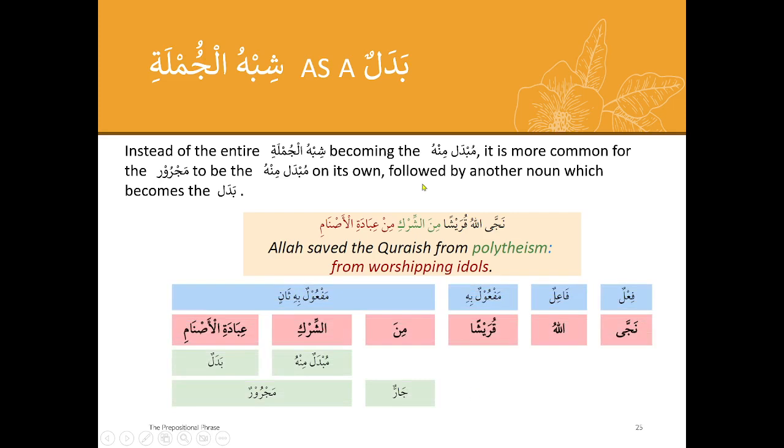So what is it saying here? We still have the same structure: fi'il, fa'il, maf'ulun bihi, and the second maf'ulun bihi. But this time there is a change. Let's look back at the original drawing. Minashirk ibadatil asnam. Now this is taken as jar, and here is the mubdalun minhu and the badal.